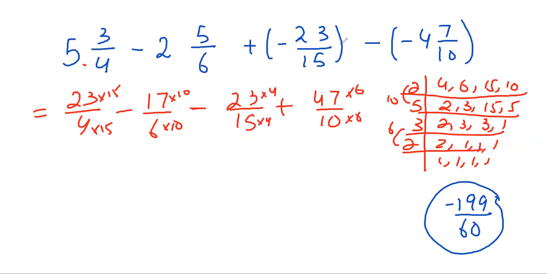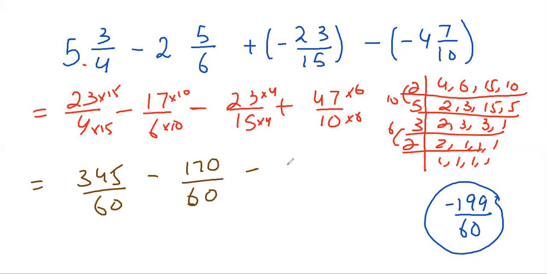Okay, that's good. Now we need to write the answers. 23 times 15, 345 over 60. 345 over 60 minus 17 times 10, 170 over 60, minus 23 times 4, 92 over 60, plus 47 times 6, 282 over 60.